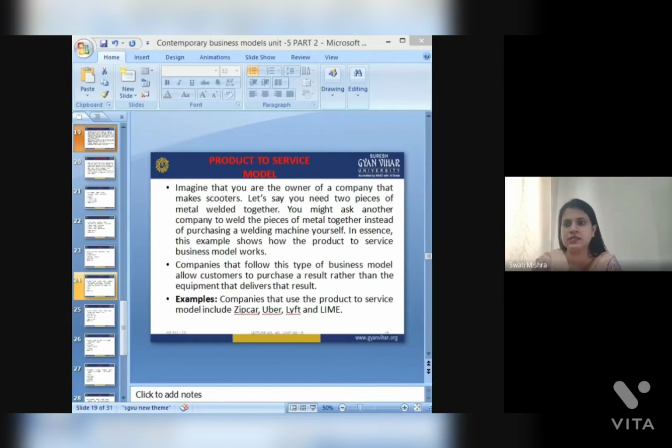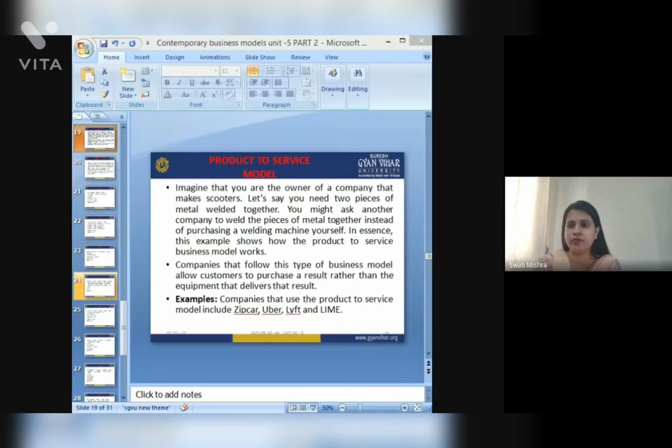So, in essence, this example shows how the product to service models work. The companies which are using this product to service model allow the customers to purchase a result rather than the equipment that delivers the result. Okay. So companies that use the product to service model would include Zipcar, Uber, Lyft, and Lime.